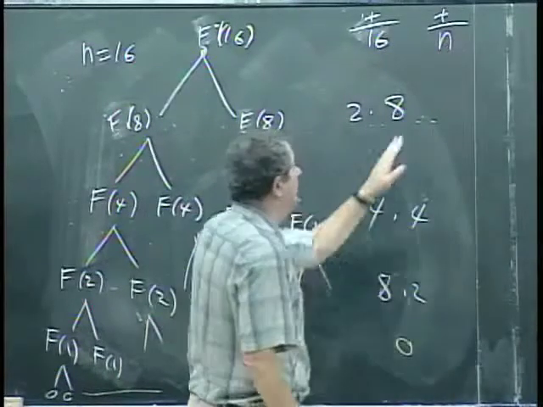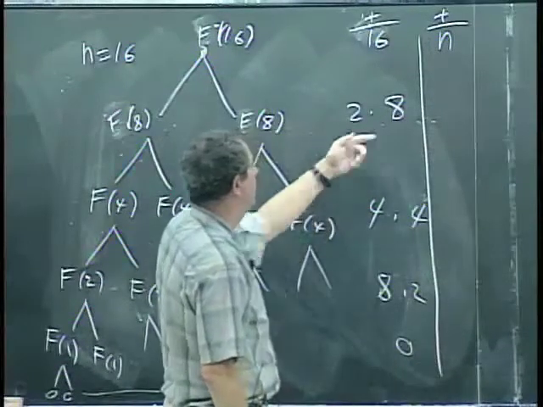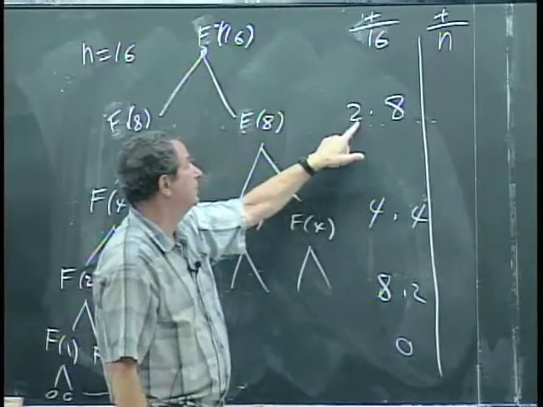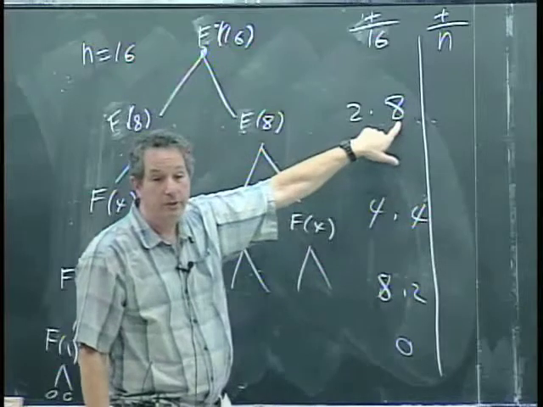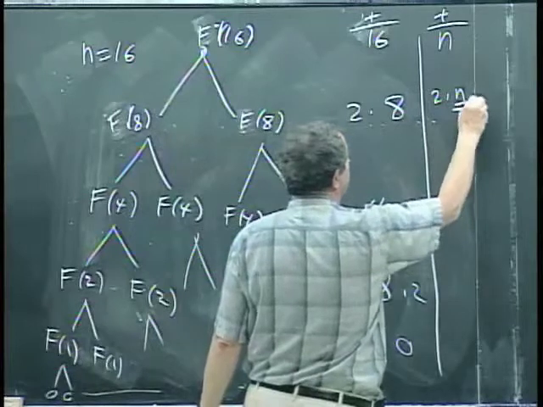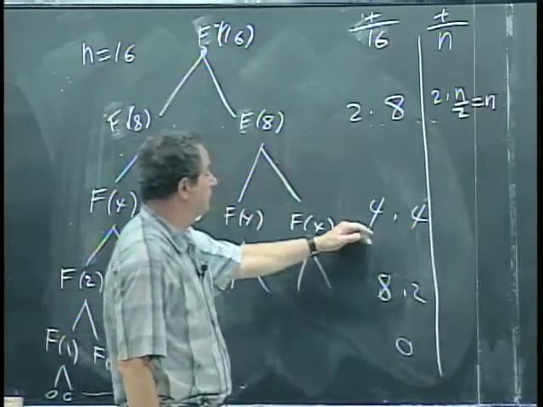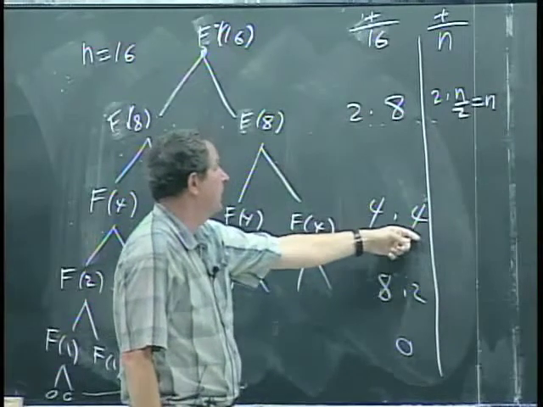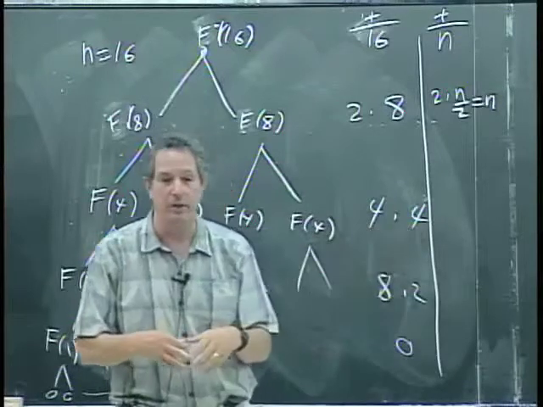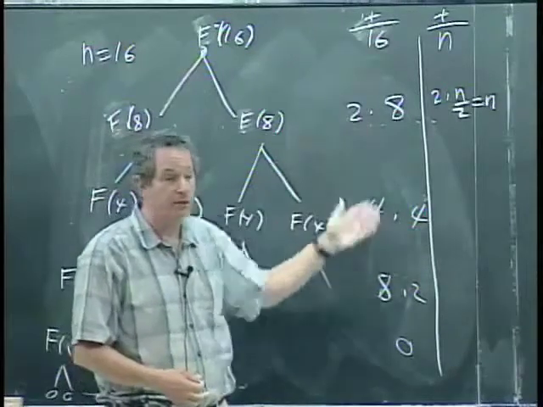Okay? And then at the next level, 2 times 8. But what's really happening in terms of n is you have 2 times n over 2. Okay? So 2 times n over 2, which is also equal to n. In the next level, you have 4 times n over 4. Okay? But let me try to write that. Again, you want to get to the pattern, so you want to start seeing this more generally, more abstractly.